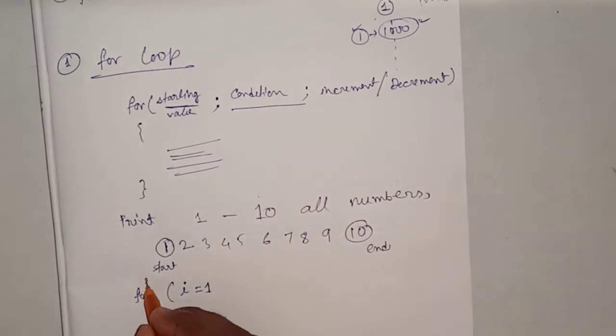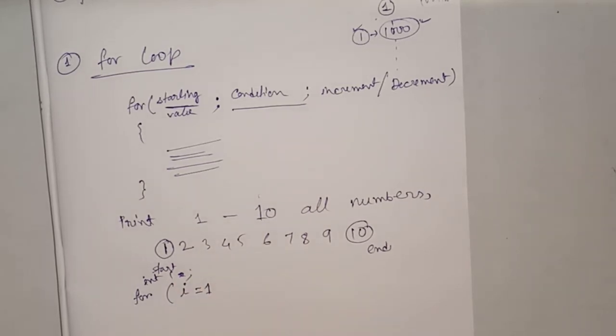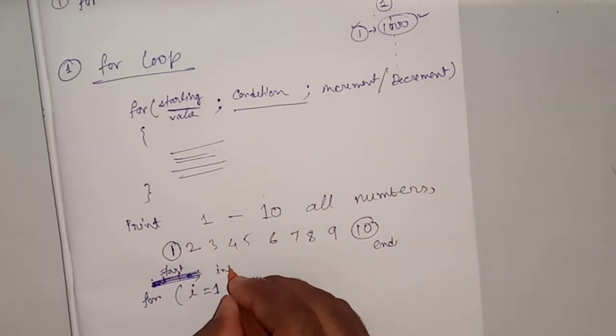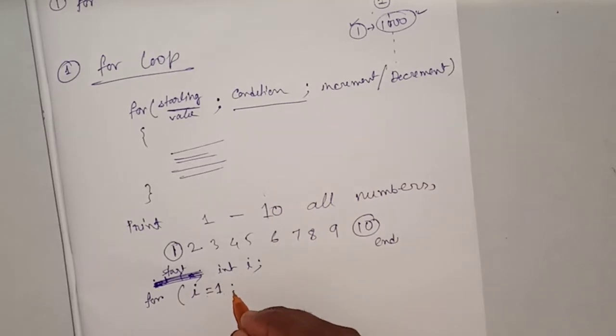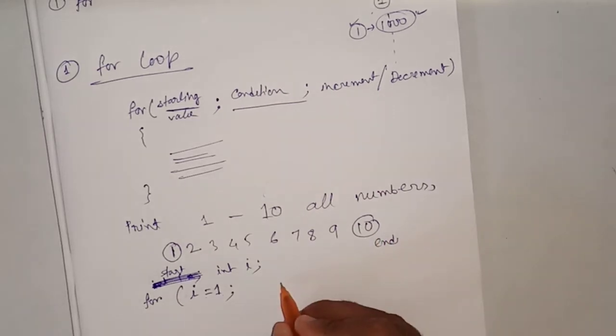So I'm writing int i, then i is equal to 1. Then a semicolon. Now your ending point is 10.